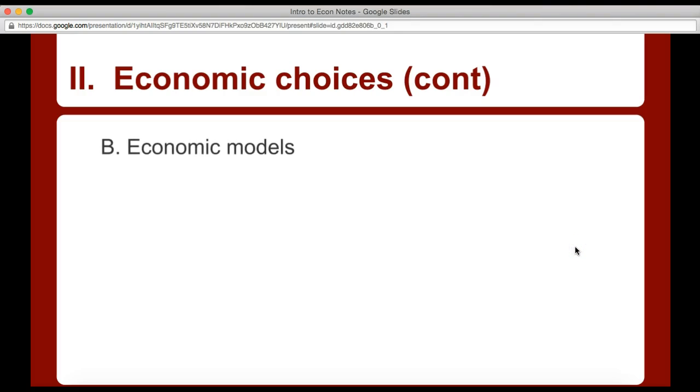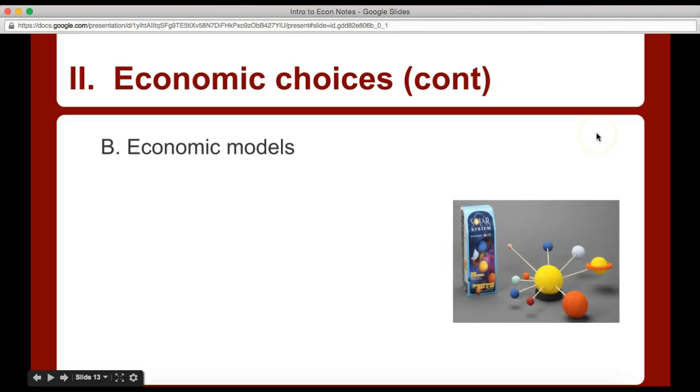We are going to be talking about a lot of different economic models in this class. Think of economic models as being like the equivalent in science class of something like a model of the solar system, okay? So think about this model of the solar system, which by the way is really simple looking here. But what's the purpose of a model like that?